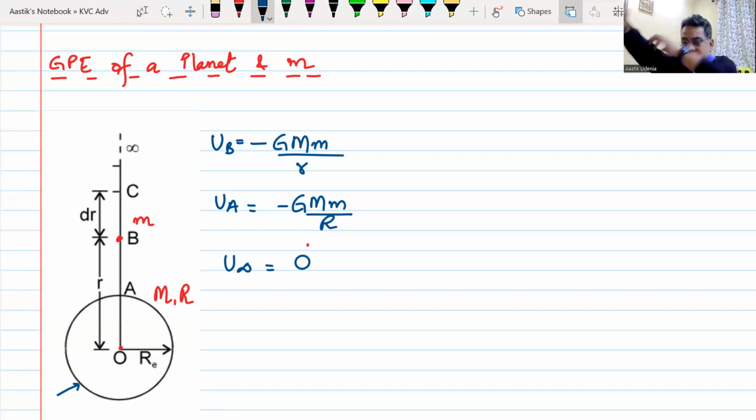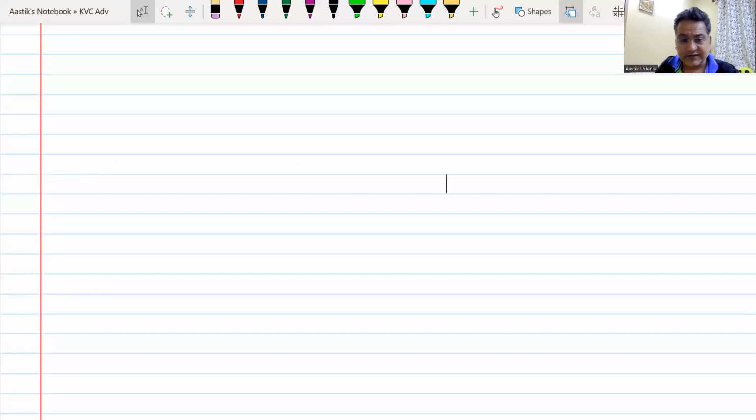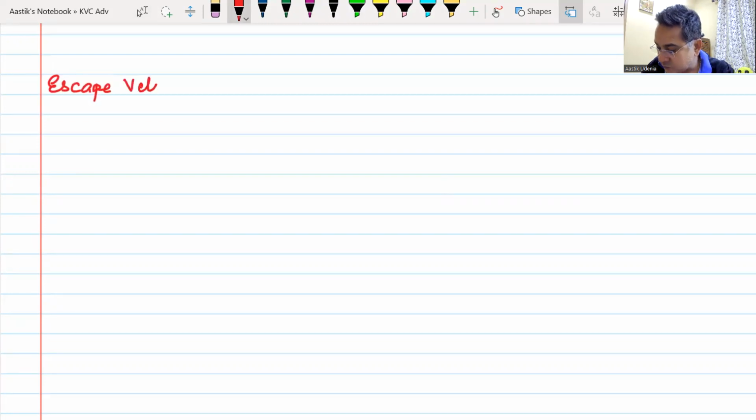Okay. Now, as soon as you understand the gravitational potential energy of a planet and a point mass, the next thing that we are going to understand is the escape velocity from a planet. Now, what do you mean by escape velocity from a planet?